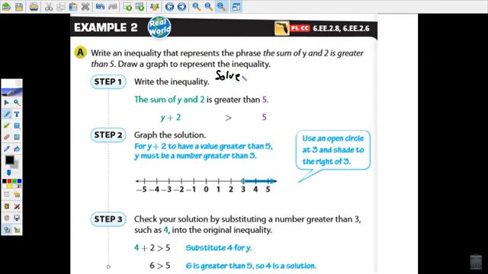The keyword sum means adding, the answer to an adding problem. So I get y plus 2 is greater than 5.